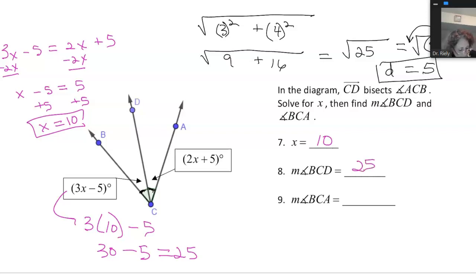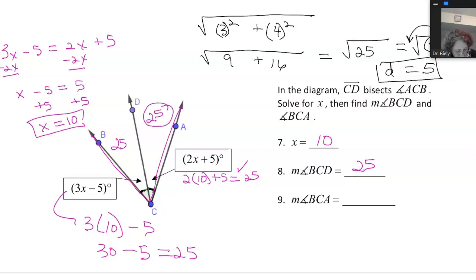Now they want the measure of BCA. So BCA is the big guy. Well, if this is 25, then this must be 25. And we can check by saying 2 times 10, because that's what my value for x was. 2 times 10 plus 5, and that does indeed check. So that's 25.